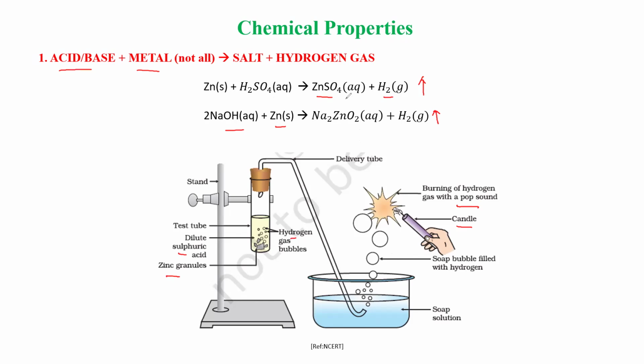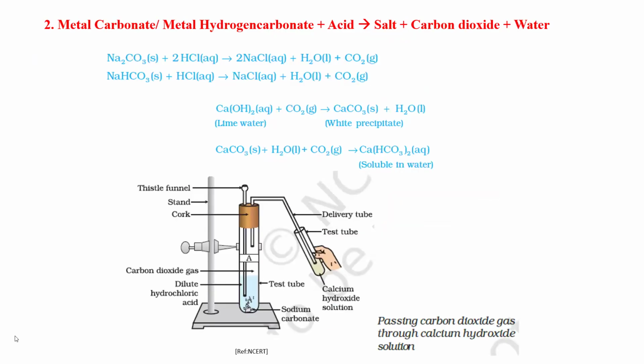Like this, one by one, the chemical properties of acids, bases, and salts are discussed here. The second property: metal carbonates and metal hydrogen carbonates, that is Na2CO3 and NaHCO3, react with acid. Here we have taken the reaction with acid.